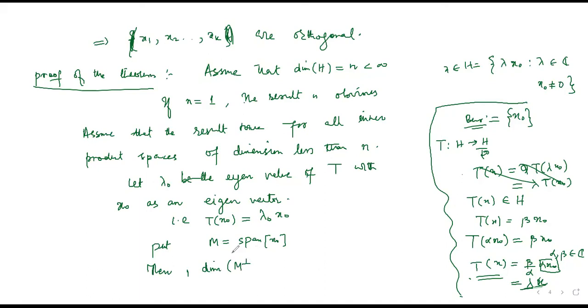It says that we can divide it into M and M perp, where M perp is the kernel of the projection onto M, तो इसकी dimension होगी n minus 1, क्योंकि of course the dimensions have to add. So M perp की dimension n minus 1 है, यानी orthogonal complement of M, क्योंकि dimension of M is equal to 1. So therefore it must be true for this M perp.